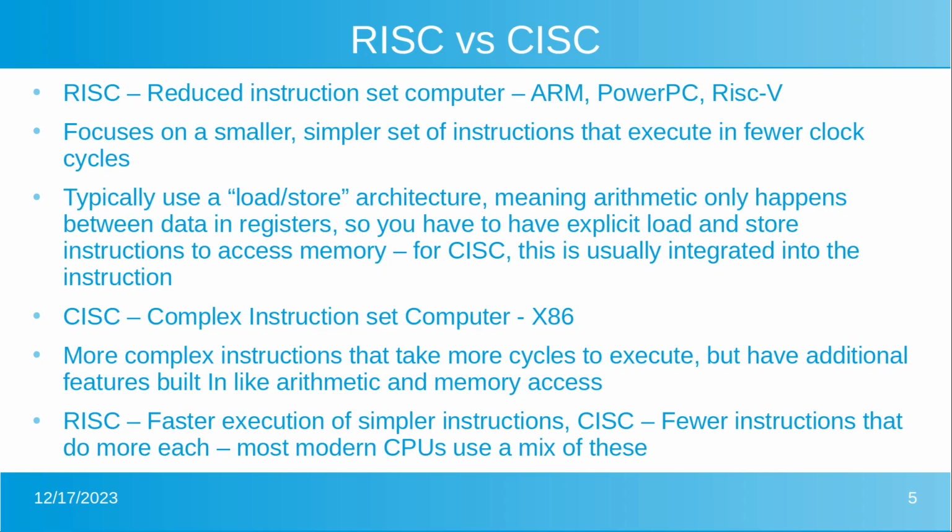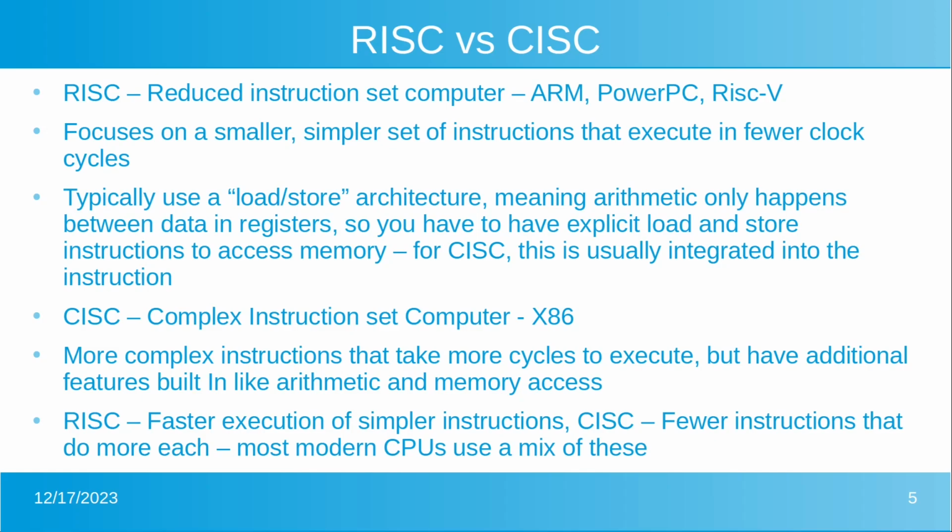Now, a lot of times what that comes down to is the fact that RISC instructions don't have load store operations within them. They use a load store architecture, meaning that arithmetic happens between data that's already stored in registers. So you have to explicitly say you want to load and store in order to access memory. Compare that to something like CISC, where load and store are actually built into the instructions.